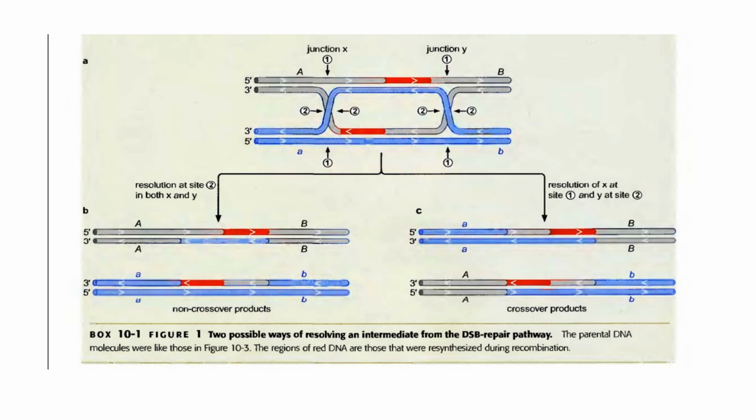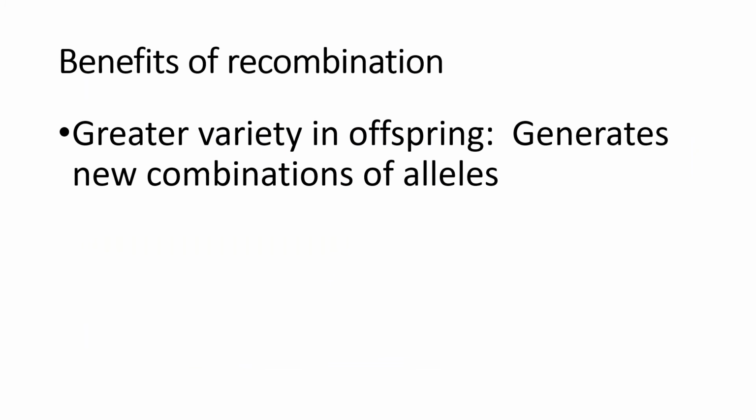Thus, this recombination we can call an evolution device, because it explores new combinations of sequence. So what is the benefit of recombination? It results in a greater variety in the offspring, because it generates new combinations of alleles.